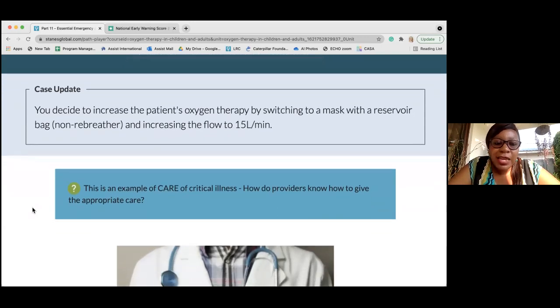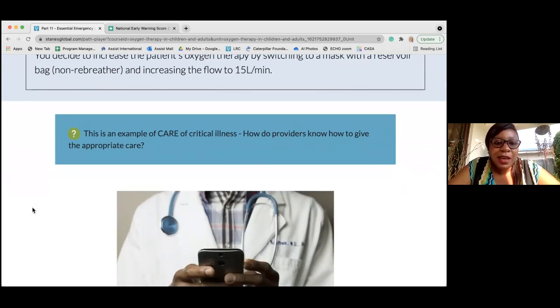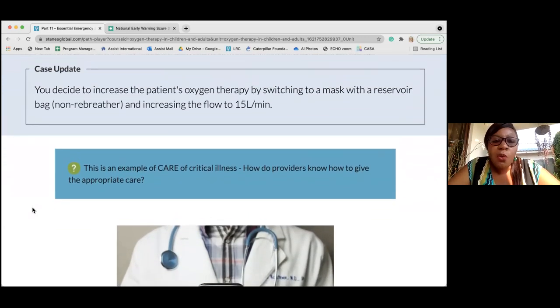Okay, so I'll take a pause there and I'll just make a comment. What you have just done, by identifying that your patient needs escalation of oxygen, is an example of care of critical illness. So this is a very good example. You identify that there is a problem, and the next thing that you do is take action, medical action.